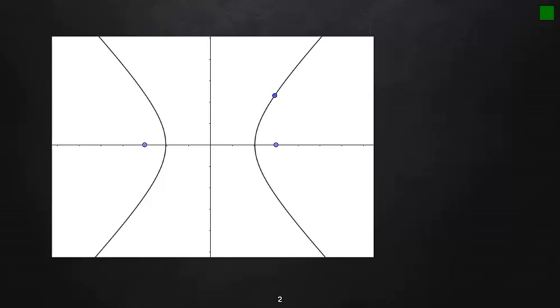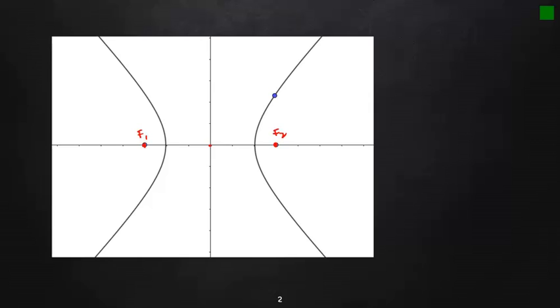Let us now discuss the features of a hyperbola. In this illustration, this is our focus, f sub 1, one of our foci, and this is our second focus, f sub 2.